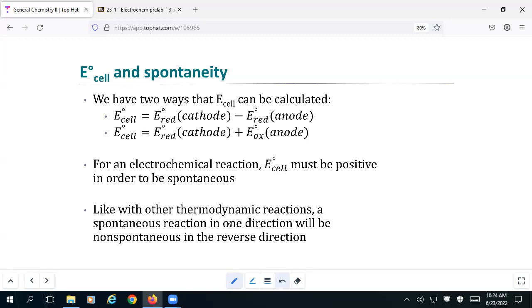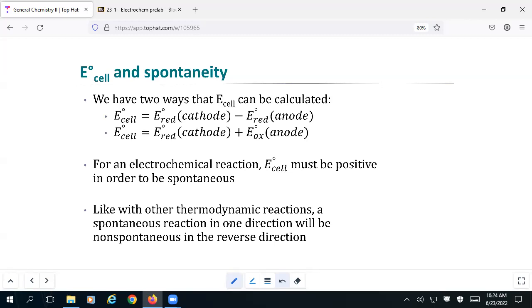If my approach to electrochemistry is similar to what we were doing with other reaction equations when we add them up, then that second equation is for you.